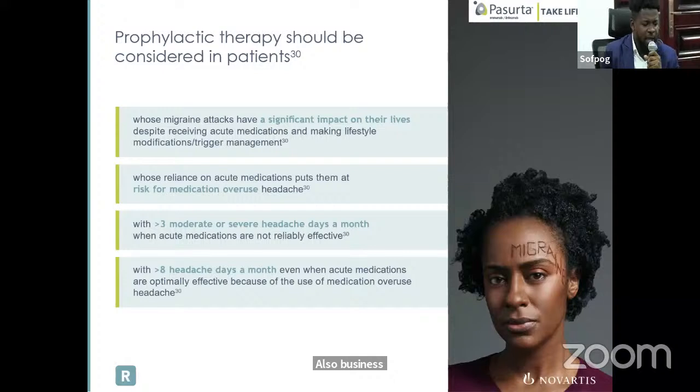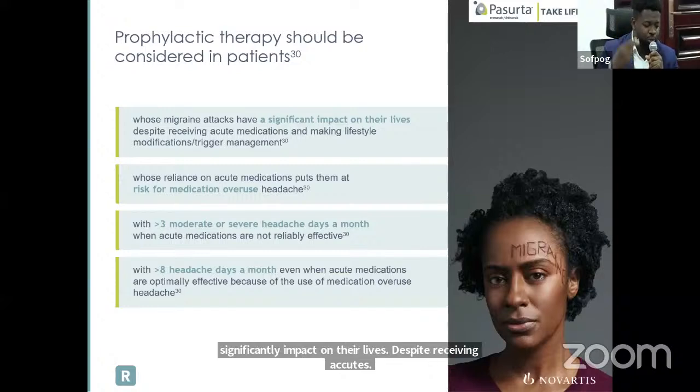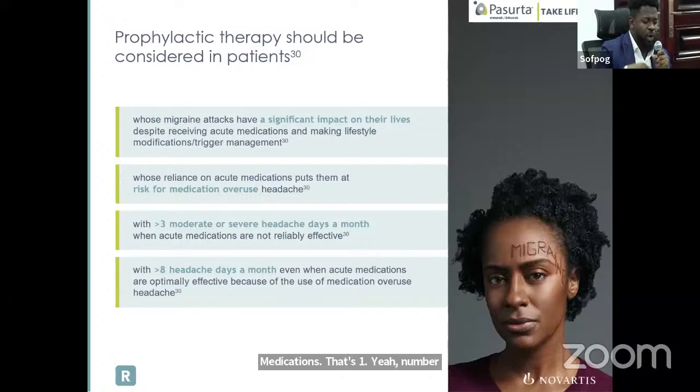So we have about 4 classes of patients here who may need Pasuta. One is all patients whose migraine attacks significantly impact their lives despite receiving acute medications. Number 2 is patients whose reliance on acute medications puts them at risk of medication overuse headaches.